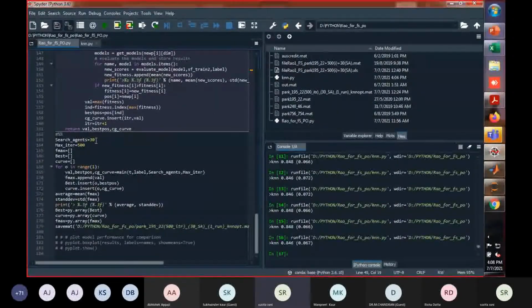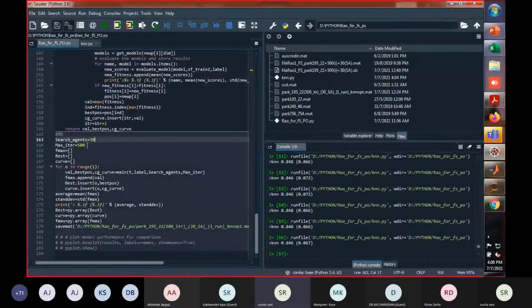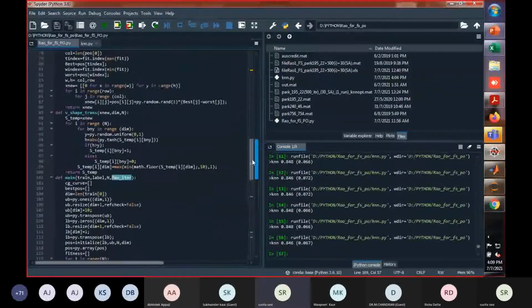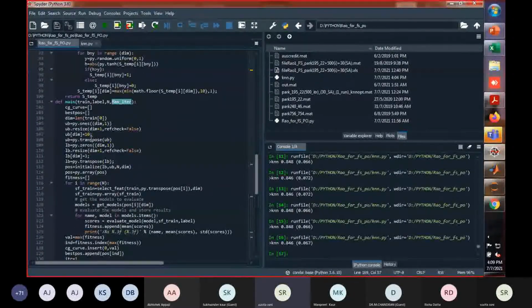Here the number of search agents is 30 and the maximum iteration taken is 500, and we call the main function, in which the training set, the label, search agents, and the maximum iteration are given as the parameters. After that, this function is called.